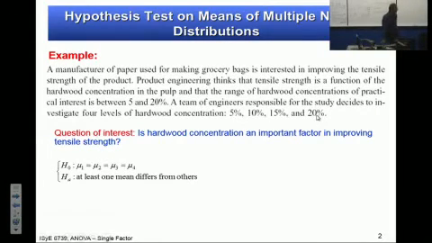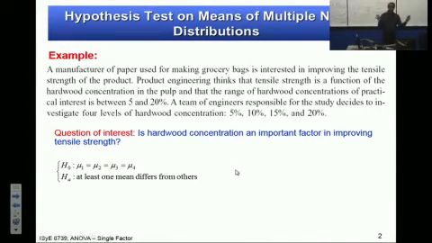By one hypothesis testing. So Mu1 means the mean of tensile strength of paper produced with 5% hardwood concentration. Mu2 is the average of tensile strength when the paper is produced using 10% concentration, and so on and so forth. Okay?